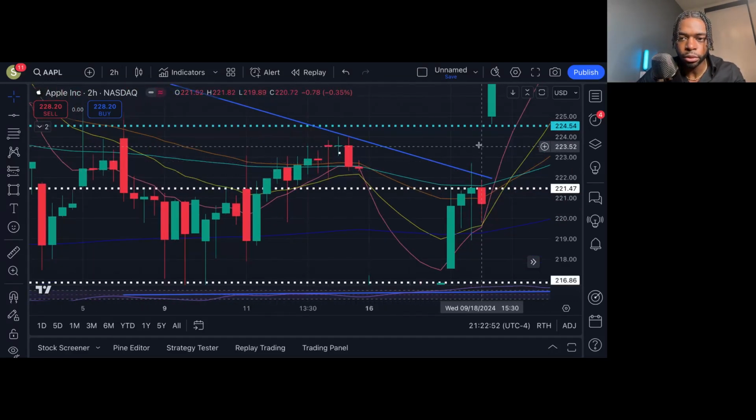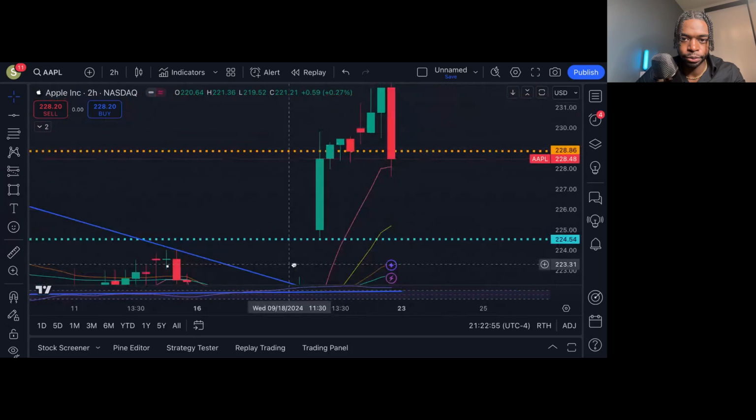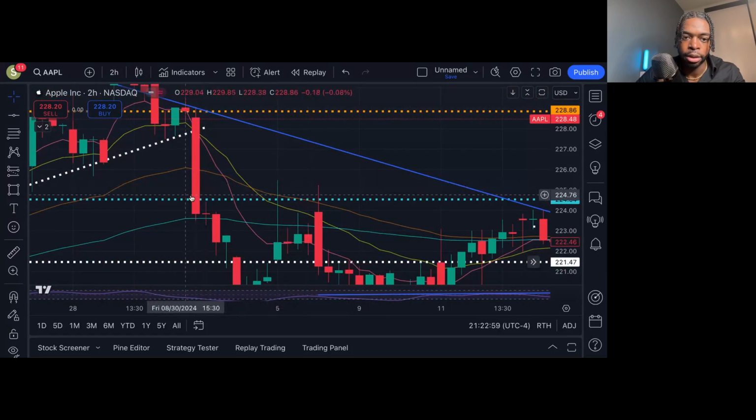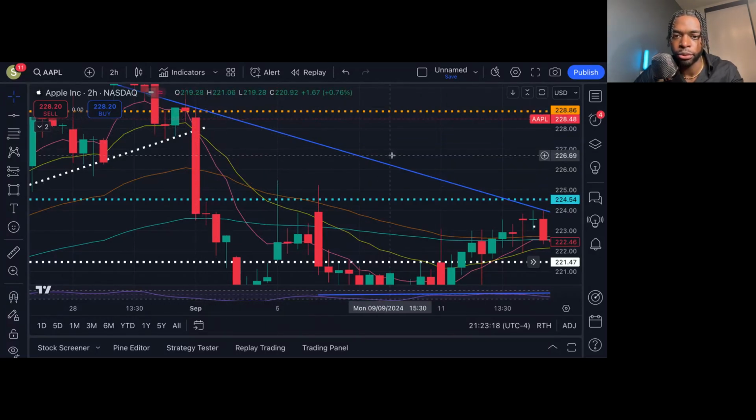Okay. And then all of a sudden yesterday we get above. And hey, the last time we were here, we had a huge sell to the downside, pretty much no volume, just straight selling to the downside. So I said, that tells me that if we actually get above this level, it's going to be a straight move to the upside to 228, because the last time we were in this area, we had a straight move down.